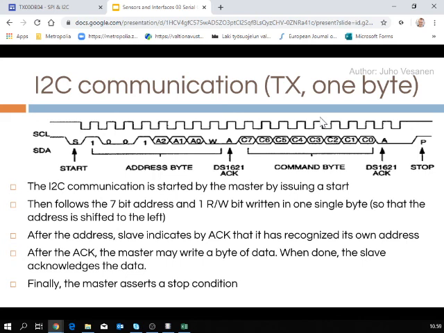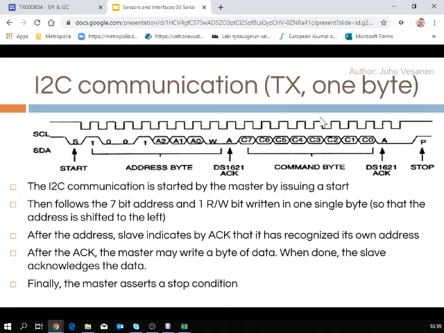And after every byte, there is an acknowledgement on the receiving side. So if the device is getting the data, then it acknowledges, okay, transmission done.